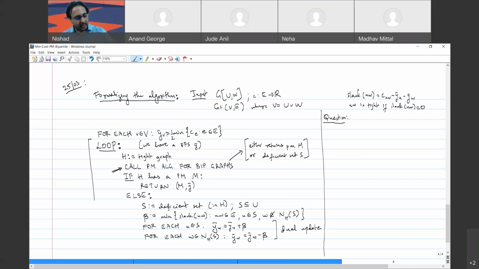So maybe I'll just put the question here. Can we upper bound the number of times, number of loop iterations? Right? So I think yesterday I said somewhat hastily that it's clear that it terminates.